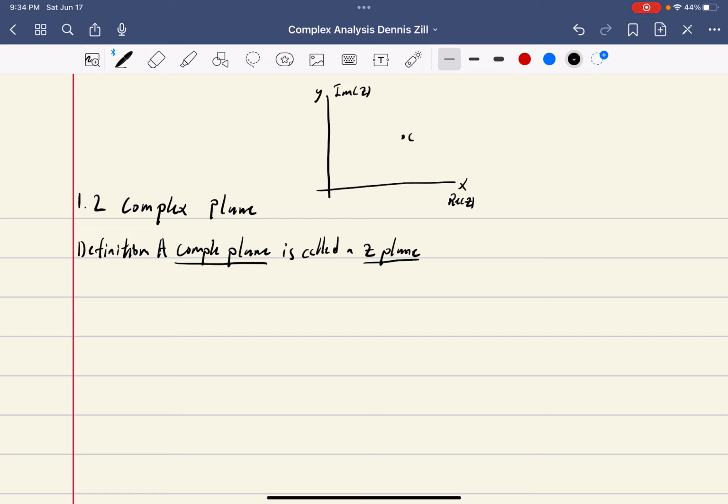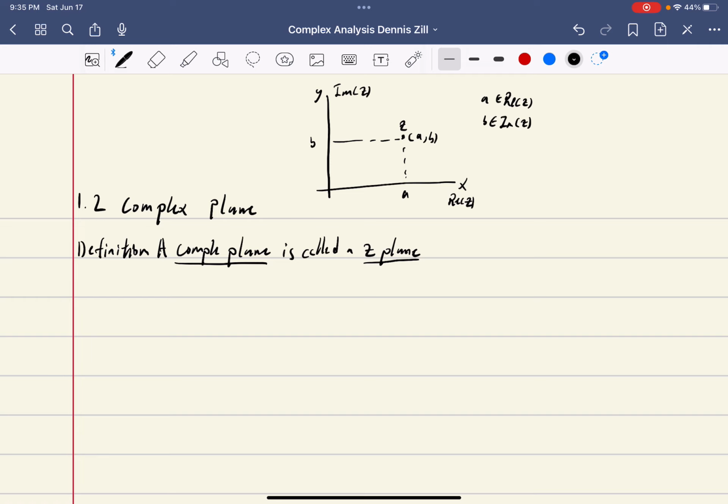We can write it as (x, y), but we can also write it as (a, b), such that a is an element of the real part of z, and b is an element of the imaginary part of z. Right? You have a z over here. That should suffice. So you have a and b, right?